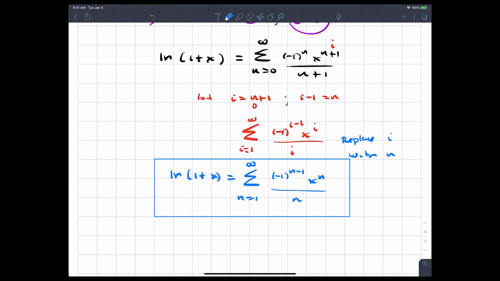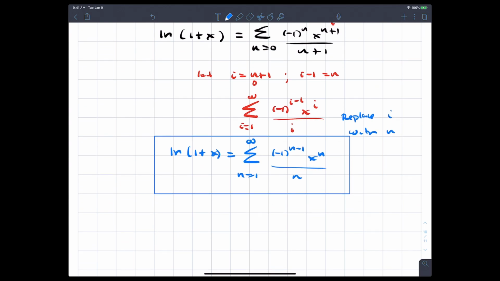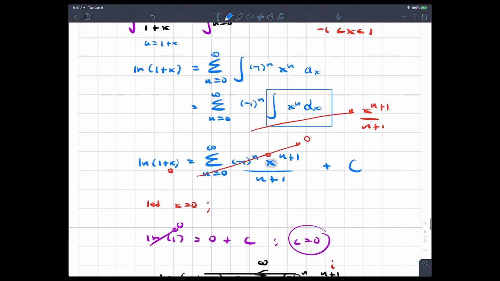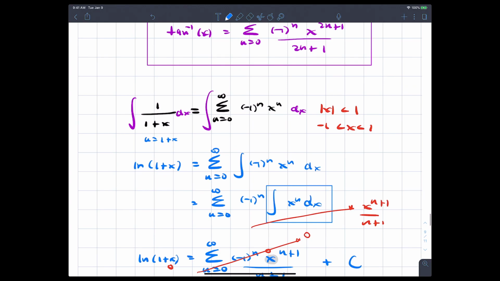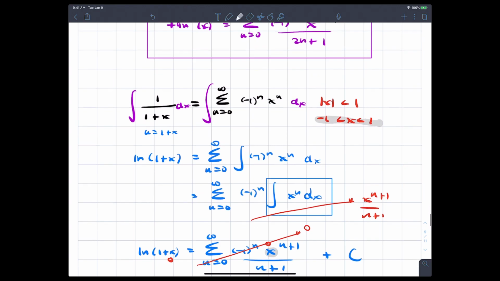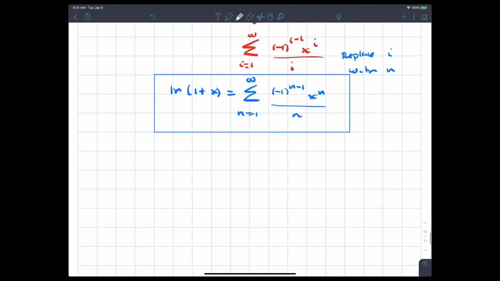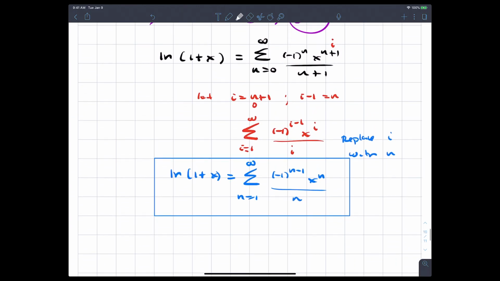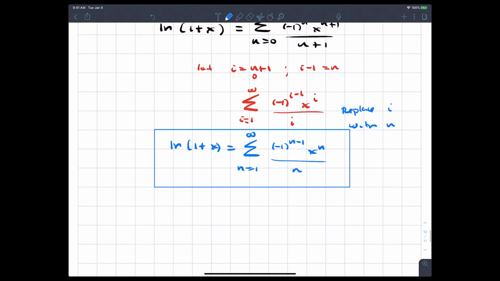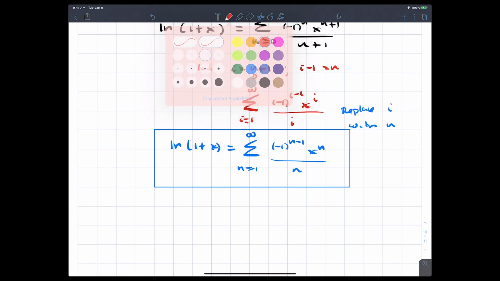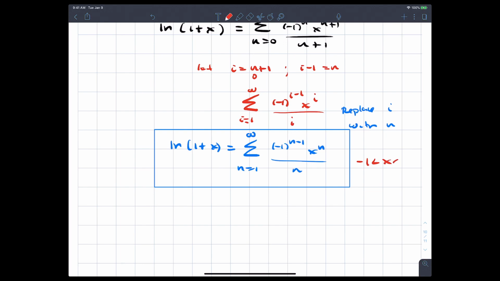Anyway, this is a version here as well. So let me double check here. Yeah. Okay, so you might say, well, what's your interval of convergence back here? Well, we already talked about that. It's negative 1 to positive 1, so we got negative 1 less than x less than positive 1.